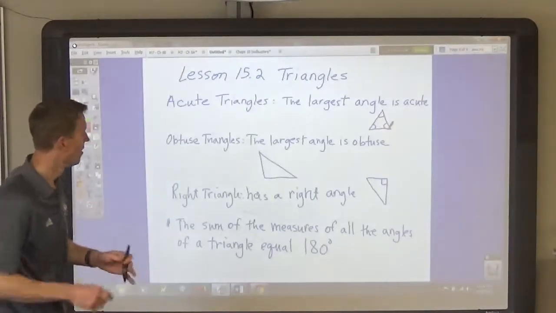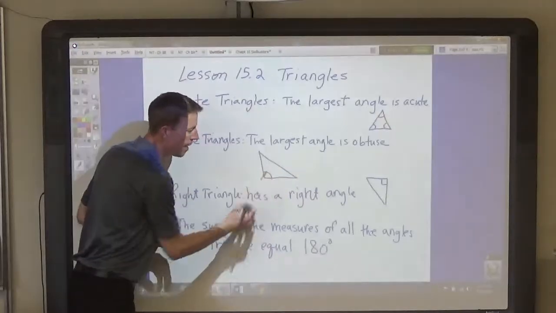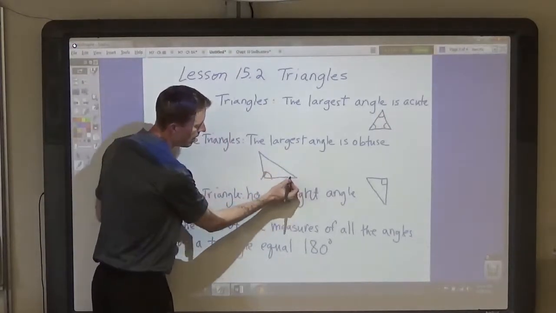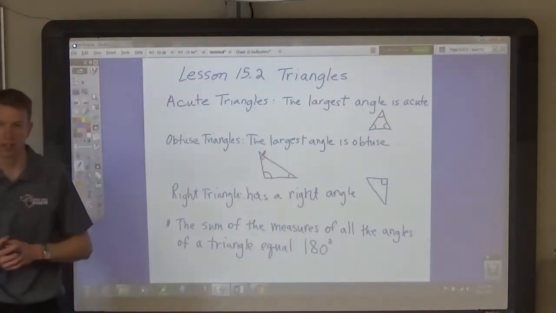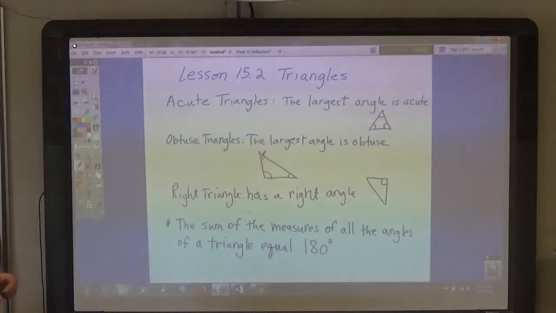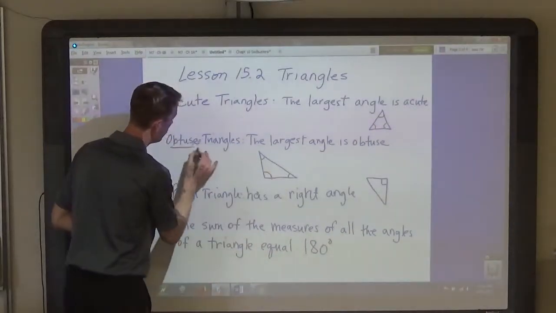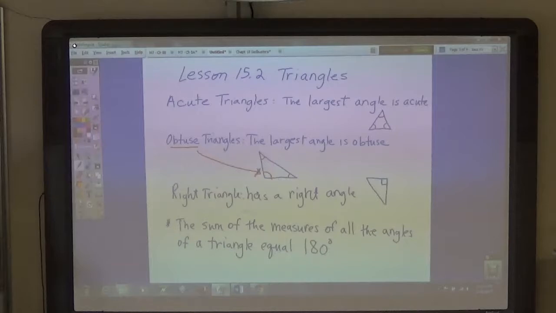No. Look, if we have an obtuse angle here that's greater than 90 degrees, that means these legs are going out, but then the other two have to be acute in order to connect. All right? So an obtuse triangle will have one obtuse angle. The largest angle will be obtuse.